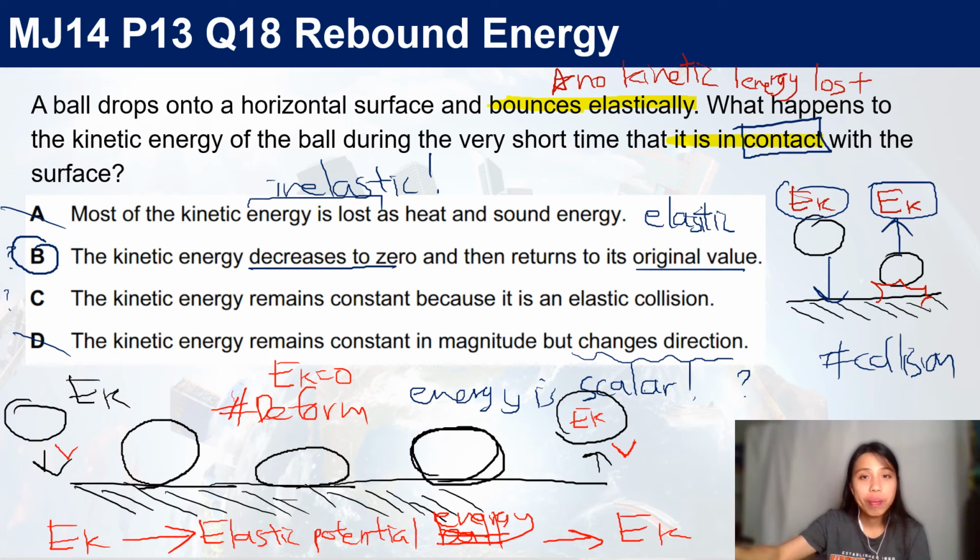Nothing lost. In real life it will be, but in this case it's elastic. A lot of us will oftentimes choose C, which is wrong in this case, because there is a better answer for what they are asking when the ball's in contact.